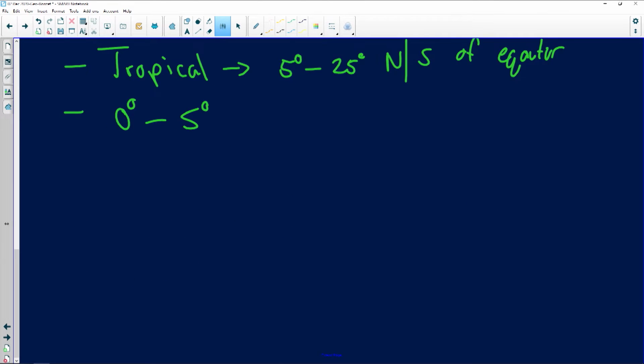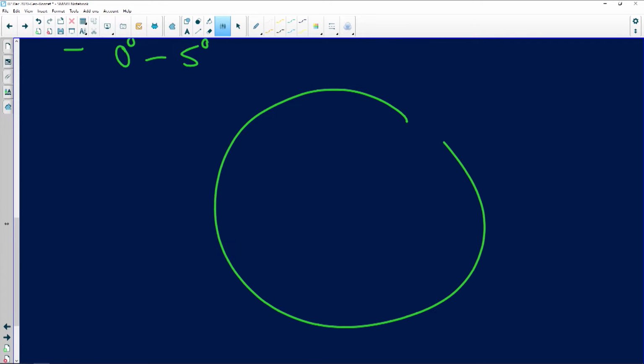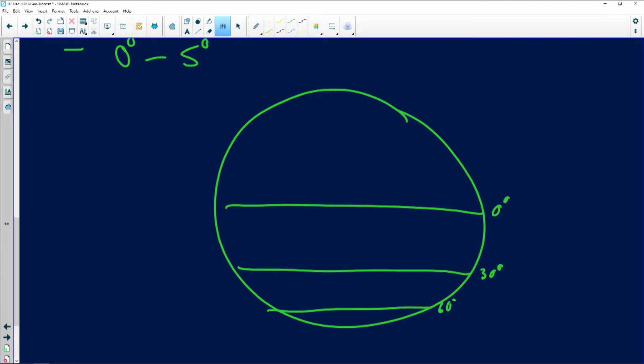Okay, so just to put it in perspective, if you look at your latitude belt, I'm going to wipe this off again. There's the equator. There's the 30 degree. There's a 60 degree. And there's 90. Okay, it can't develop 5 degrees from the equator.